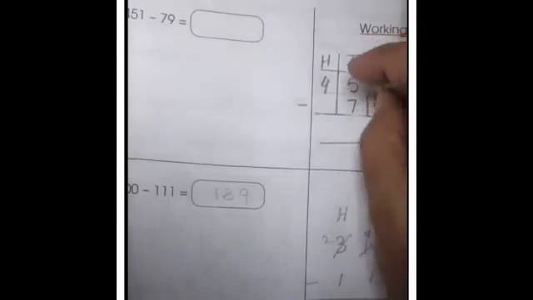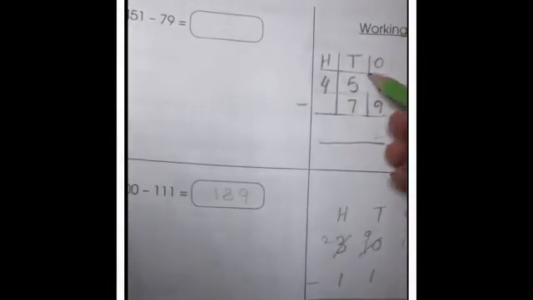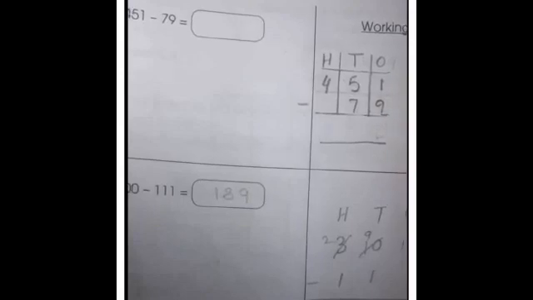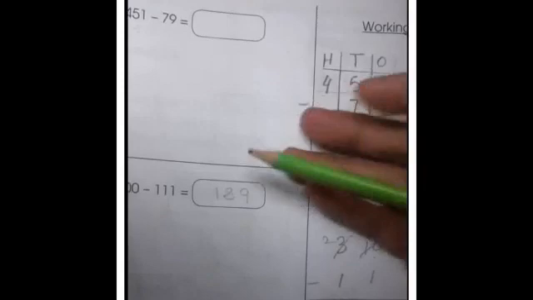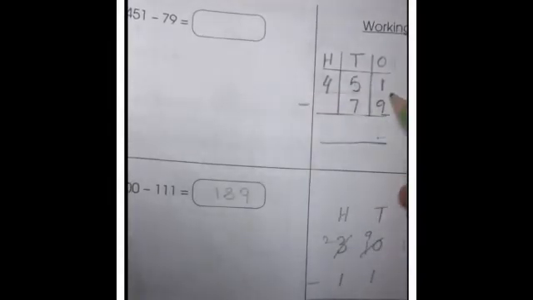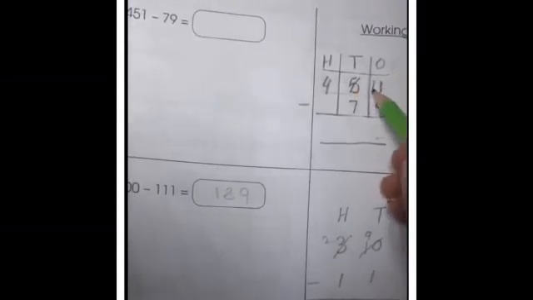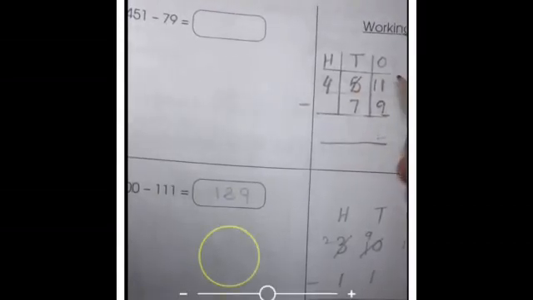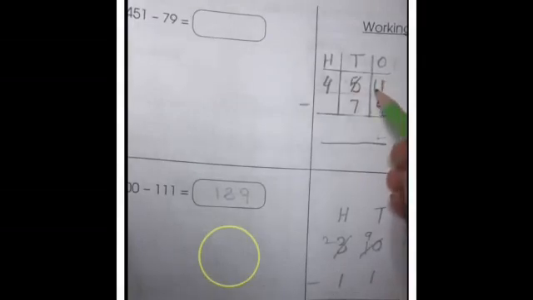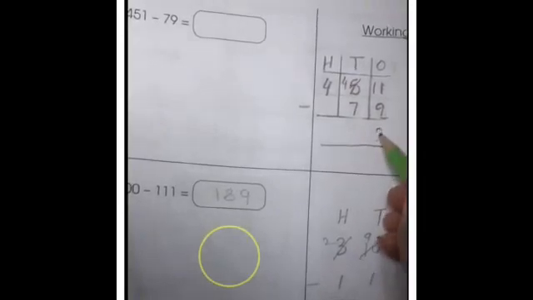Now let's see, there is one and one is smaller than the bottom number. So how can you subtract both numbers? What should we do? Yes, we need regrouping. So class, to regroup you borrow one from its neighbor, and it will become 11 and it becomes 4. 11 minus 9 is 2.